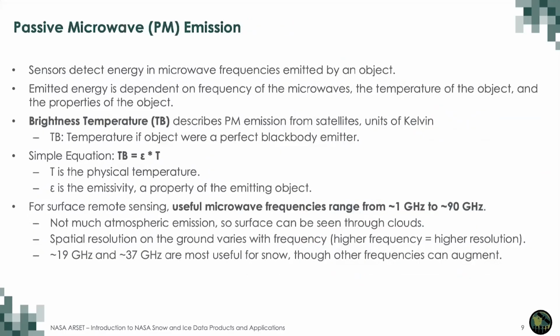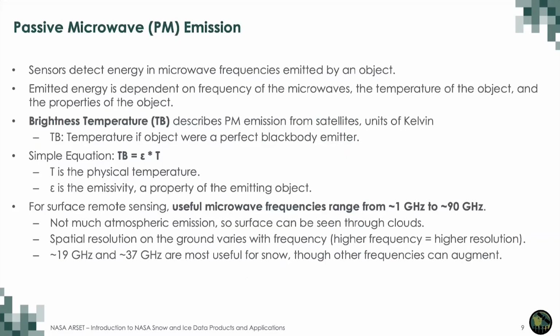So for passive microwave emission, as I mentioned, you're detecting the energy in the microwave frequency emitted by an object, emitted by the surface of the Earth. And that emitted energy is dependent on the frequency of the microwave that you use, the temperature of the object, and then the properties of the object, particularly the liquid content and water content and the phase of the water content, whether it's frozen or liquid. And brightness temperature is the parameter that is retrieved by passive microwave sensors.